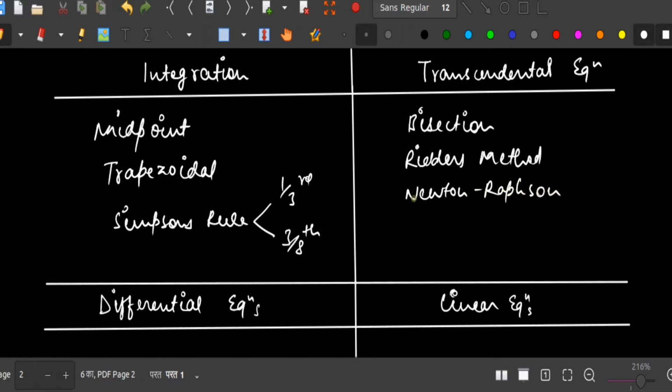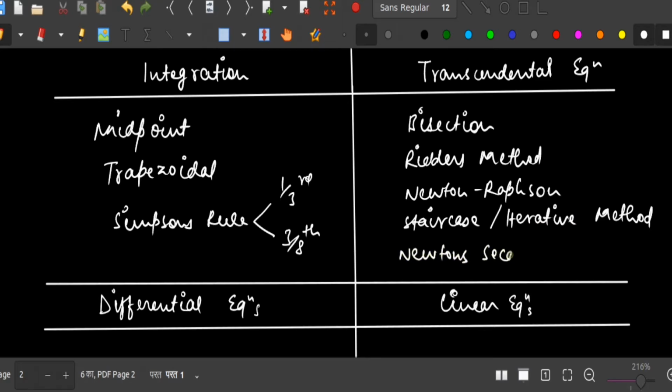Then you have the staircase or iterative method, also called the iterative method, and then you have the secant method or Newton's second method. So these methods are there to solve the transcendental equations.